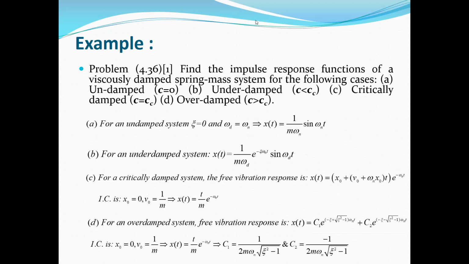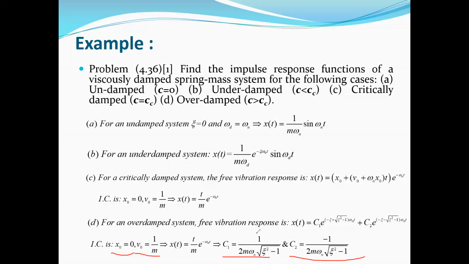At t equal to 0, the displacement is 0, and at t equal to 0, the velocity is 1 over m, where m is the mass of the system. Now we can use this information and obtain C1 and C2 as functions of mass, omega n, and damping ratio. So this is the response for an overdamped system.